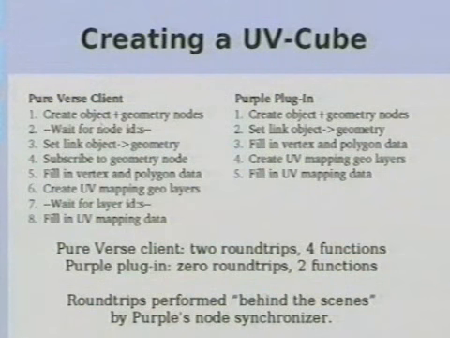It's like 8 steps, roughly speaking. And you have these 2 synchronization points where you have to wait for the verse server to do something. But if you do it in Purple, you don't have to wait. You can just go right ahead and do it step by step and create the cube in a fairly natural way. And then the Purple engine will sit behind the scenes and insert these wait states when it tries to synchronize what you did with the server.